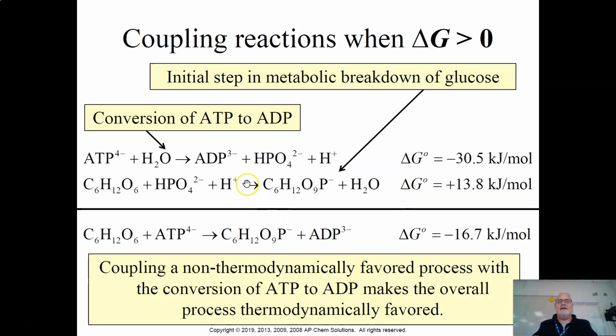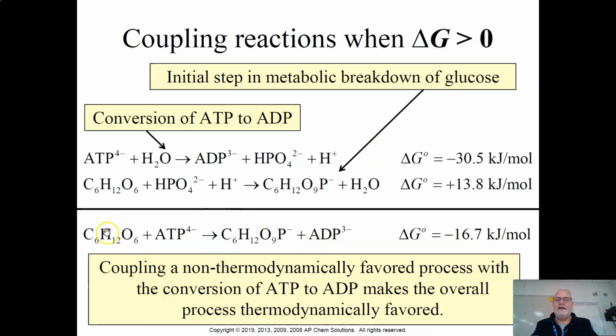And then you can couple the reactions. Okay? You can couple the two reactions where basically you're saying these HPO4 2- groups will cancel out, the hydrogens will cancel out.